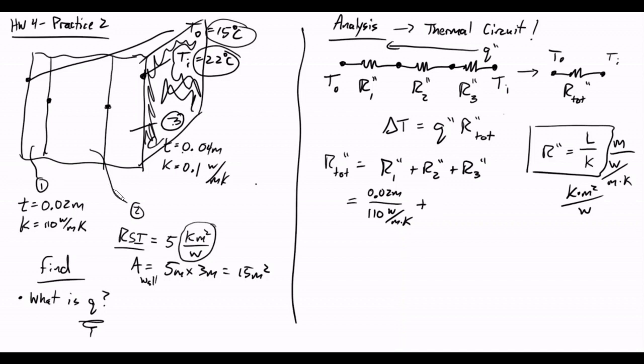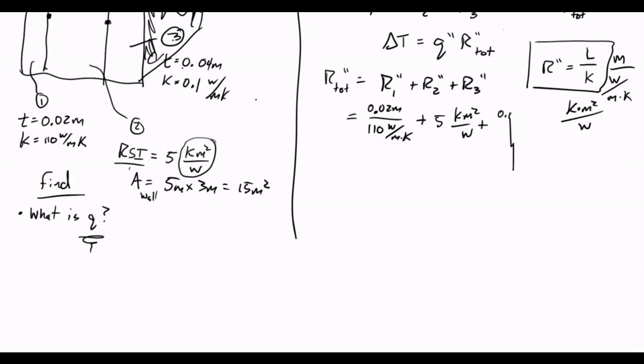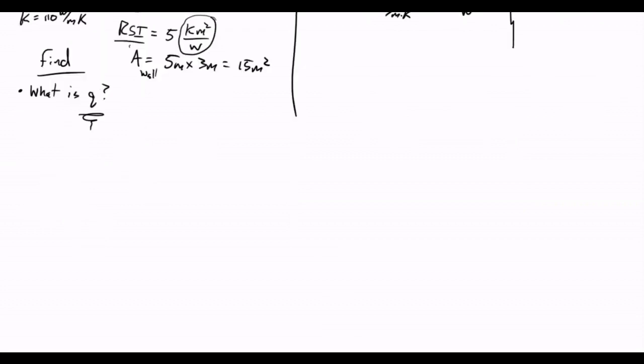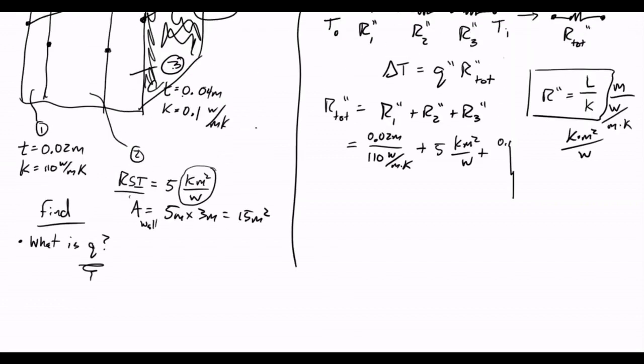We're going to add this to R2, which we don't have a thickness or a thermal conductivity, we just have a number. So we're going to add that to 5 Kelvin meters squared per watt. And we're going to add that to wall 3, which has a thickness of 0.04 meters divided by 0.1 watts per meter Kelvin.